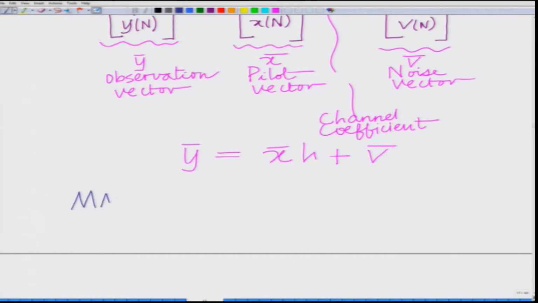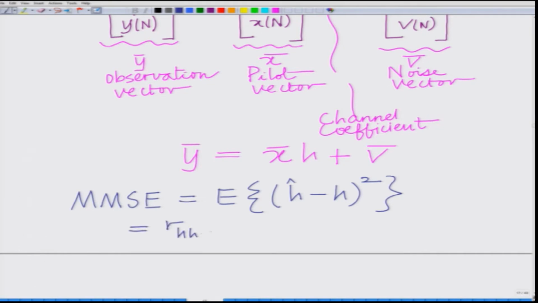The MMSE, that is the minimum mean squared error, is equal to the expected value of magnitude of h hat minus h whole square, which is equal to RHH minus RHY into RYY inverse into RYH, correct?